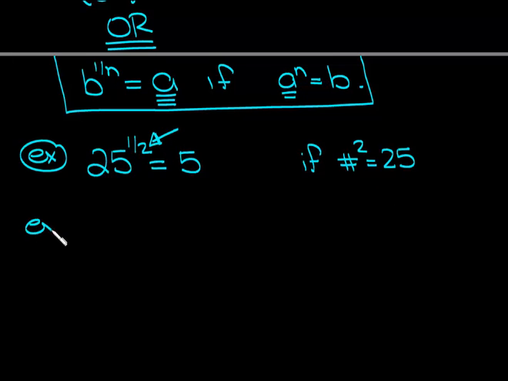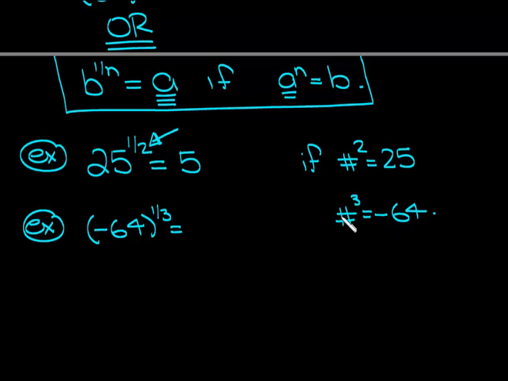Here's another example. Let's say you have negative 64 raised to 1/3. What is that? Well, if we can find a number whose cube is equal to negative 64, can you take a number and multiply by itself 3 times and get negative 64? Sure, the number is negative 4. Negative 4 times negative 4 times negative 4, we get that.